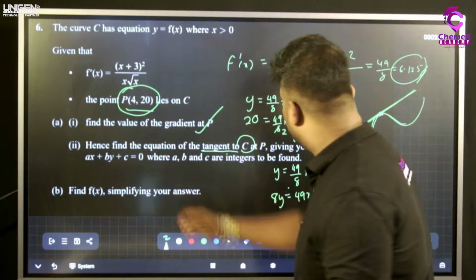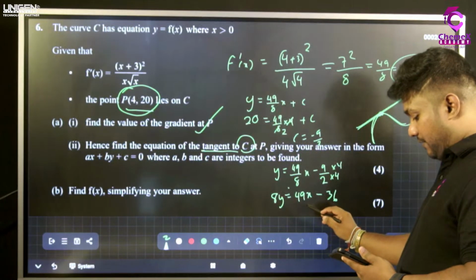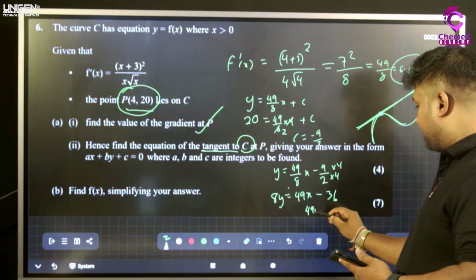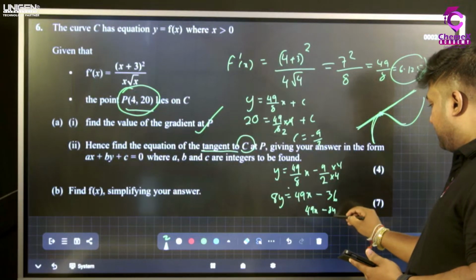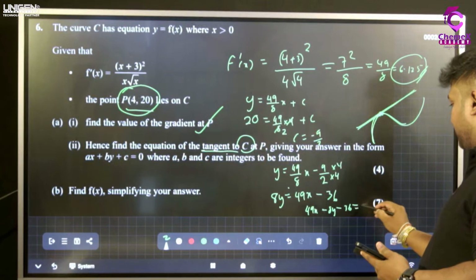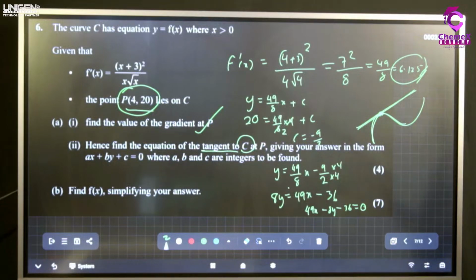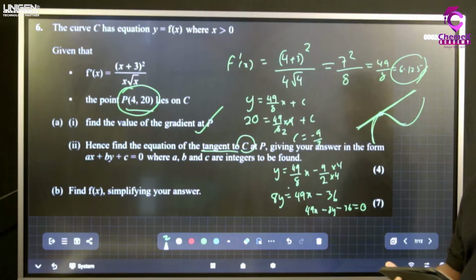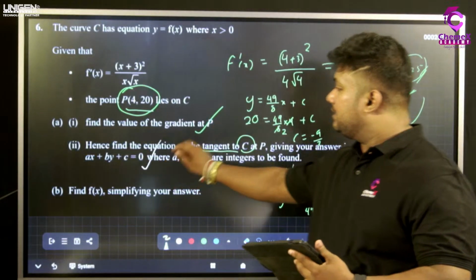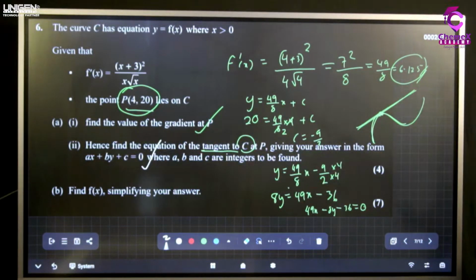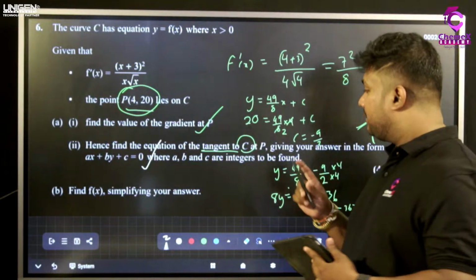So can you see all the terms are on one side? So 49x minus 8y minus 36 is equal to 0. Any questions? So we are done with part 2. Okay, done with part 2.